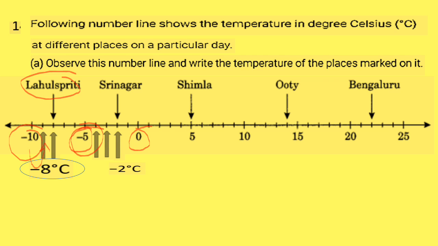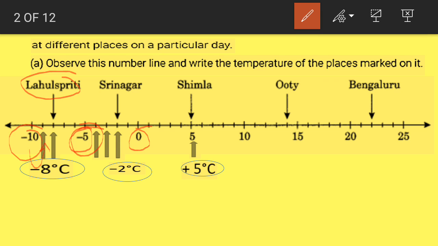The next is Shimla. They have given 5 degrees Celsius, so no need to calculate and all. So we can directly write +5 degrees Celsius. Next place is Ooty. Now look at Ooty. Ooty is between 10 degrees Celsius and 15 degrees Celsius.